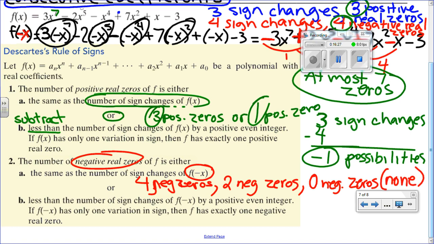Now keep in mind that these are number of possibilities. It doesn't mean that x equals 4 is a zero or x equals 2 is a zero. It just means that you can have 4 negatives or 2 negatives or 0 negatives.